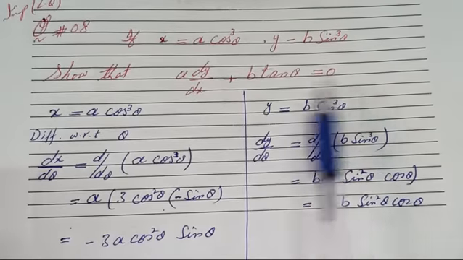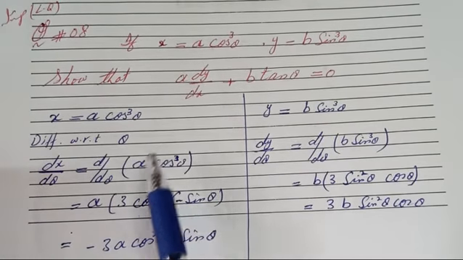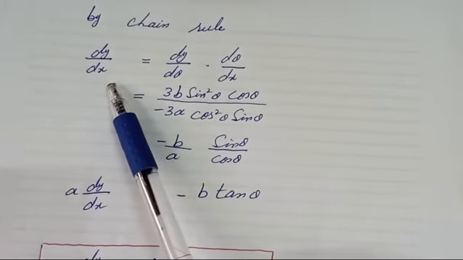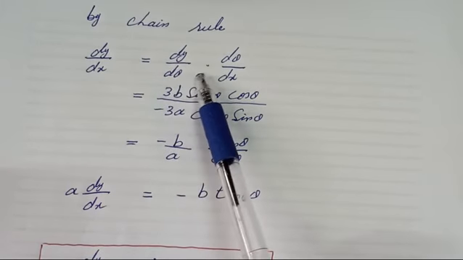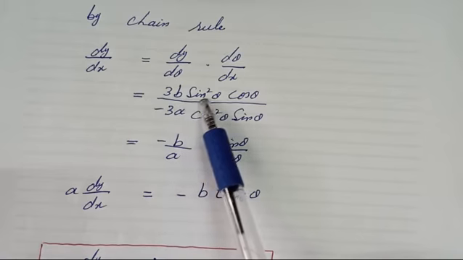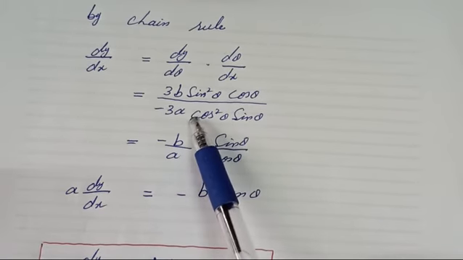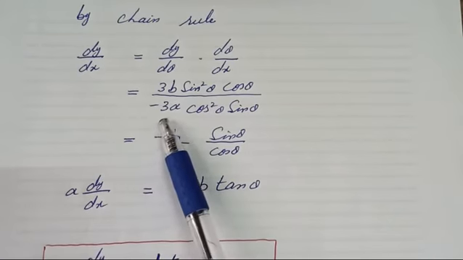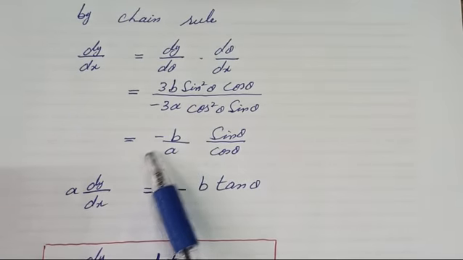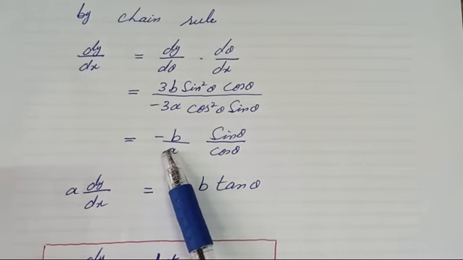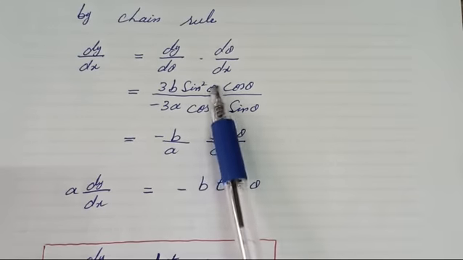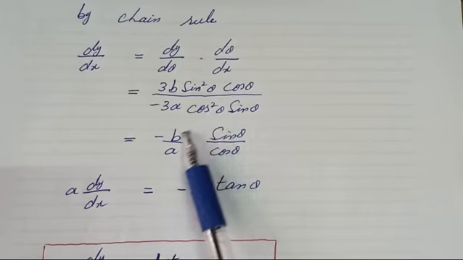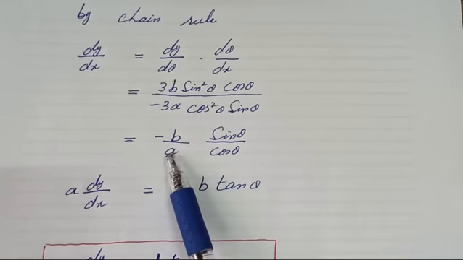So to prove this one, now we are going to apply the chain rule. So dy over dx is equal to dy over d theta times d theta over dx, 3b sin square theta cos theta over minus 3a cos square theta sin theta. 3 cancels out, minus b over a, one sin theta cancels out of sin square theta, one cos theta cancels out of cos square theta, and left behind is minus b over a.